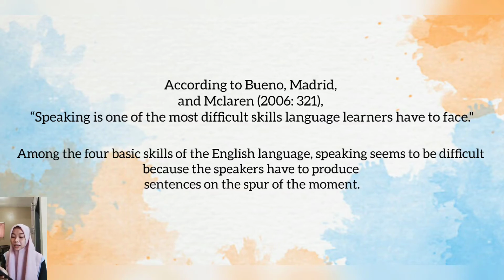Among the four basic skills of the English language, speaking seems to be difficult because the speaker has to produce sentences in the moment. It is quite difficult for a foreign or second language learner to produce sentences without learning the grammatical structure and having proper knowledge of adequate vocabulary, right? Therefore, the English language learner or EFL faces many problems in speaking grammatical sentences in English.